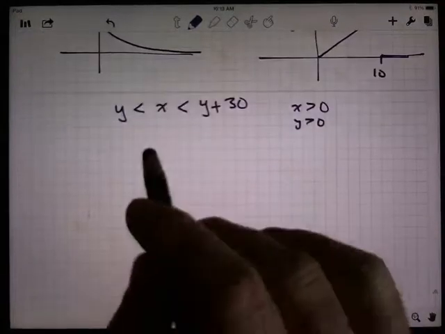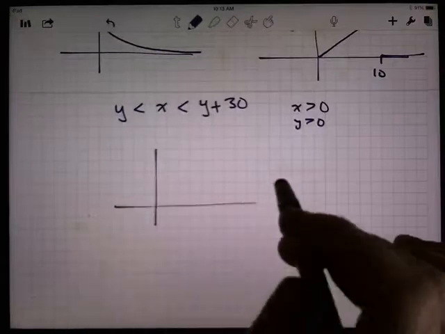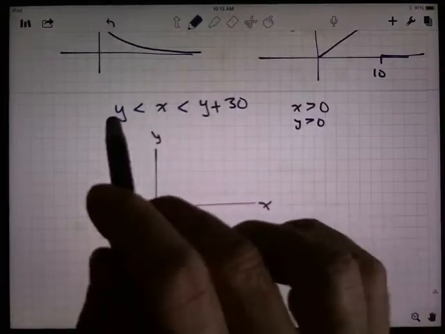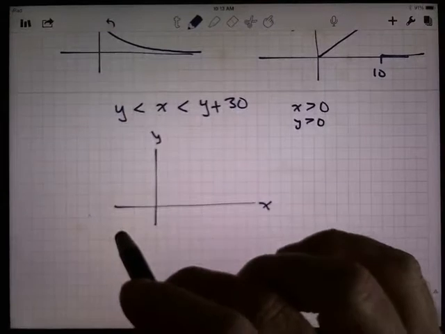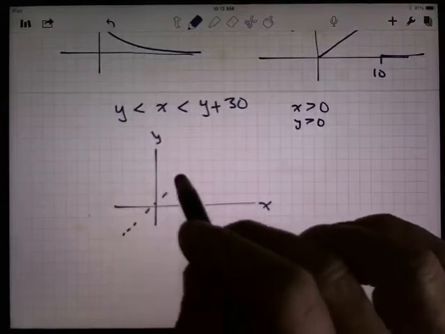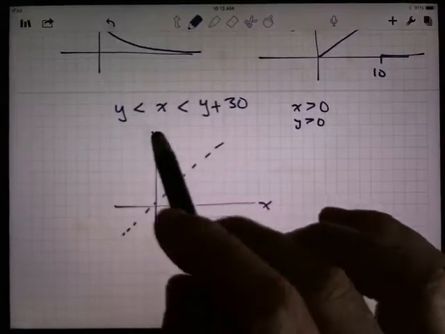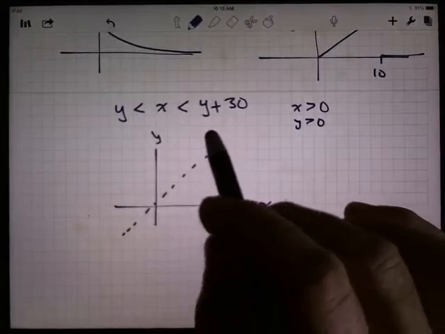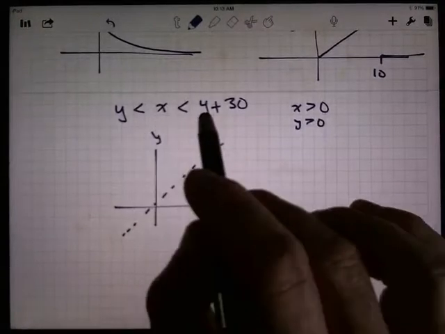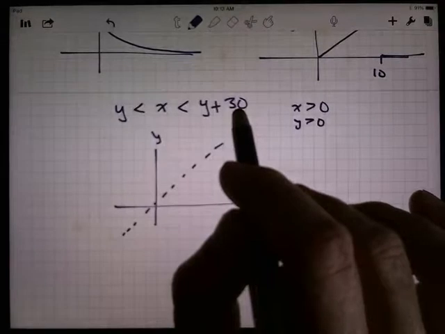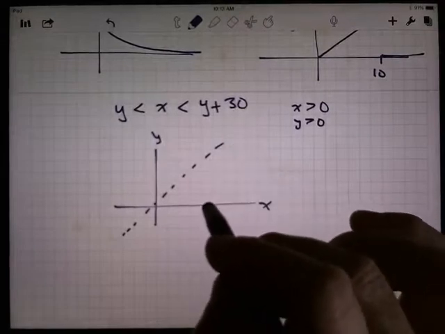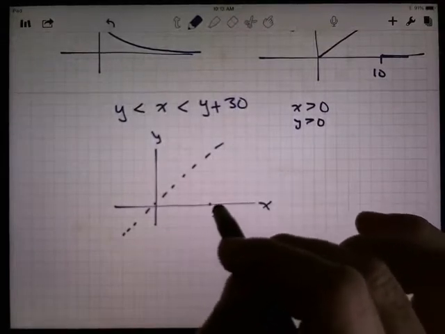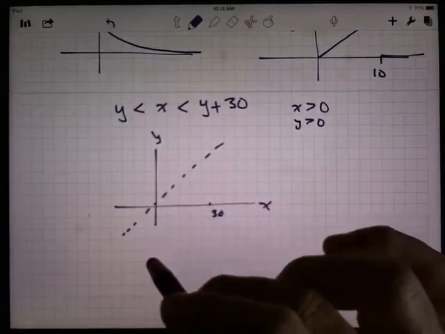So when I look at the xy plane, y has got to be less than x. So here's the line y equals x, right up through here. For y to be less than that, you've got to be underneath that line. But I also have that x is less than y plus 30. The line x equals y plus 30 would hit the x-axis here at 30 and have slope 1.